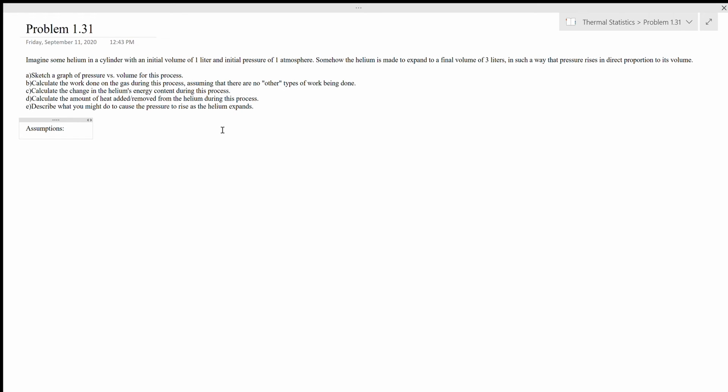So I'm going to draw real quick just a little simple image of this. I'm going to draw me a little cylinder, and then I'm going to have some piston. Then I'm going to draw another, the final cylinder, with this.